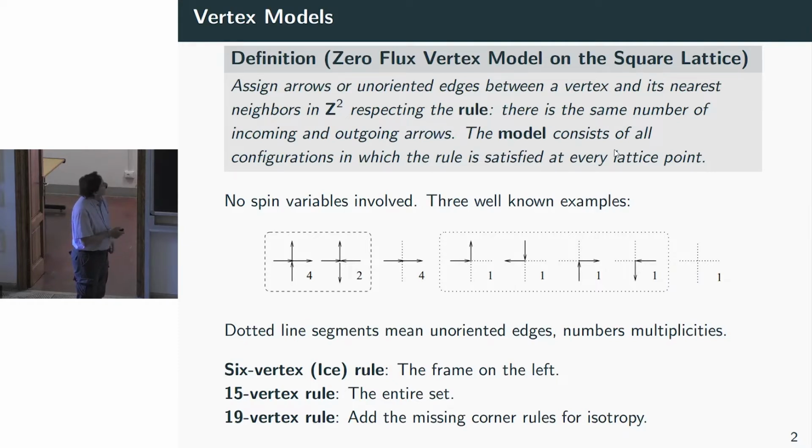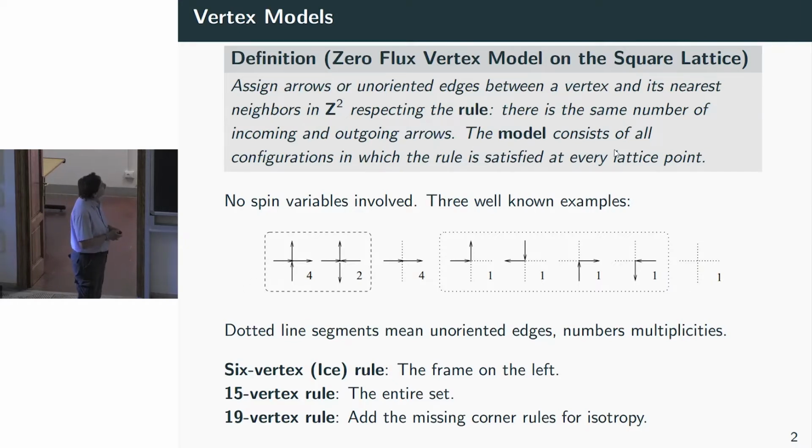And furthermore, if you look at this, you notice that there are some rotations missing from here, exactly 4 orientations missing. So the 18 vertex rule, you remove the anisotropy from this rule, and you actually take these 4 missing vertex configurations, and you get 19 total.